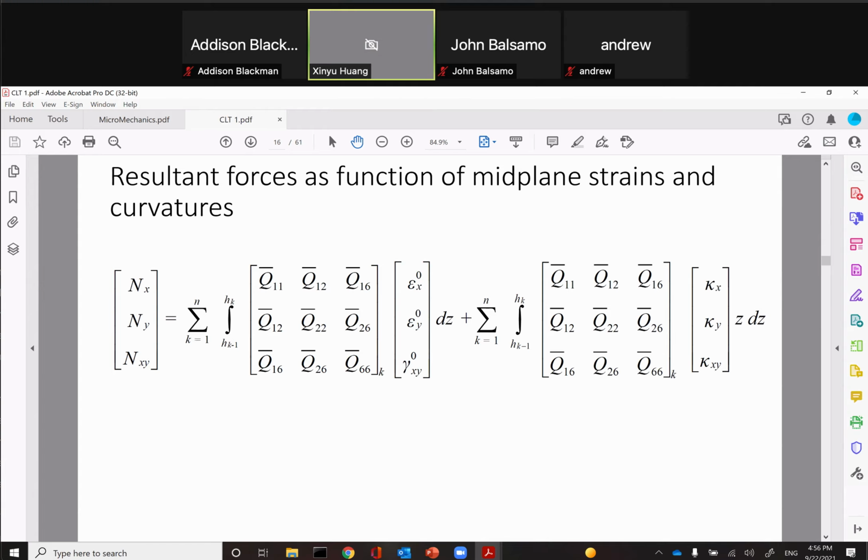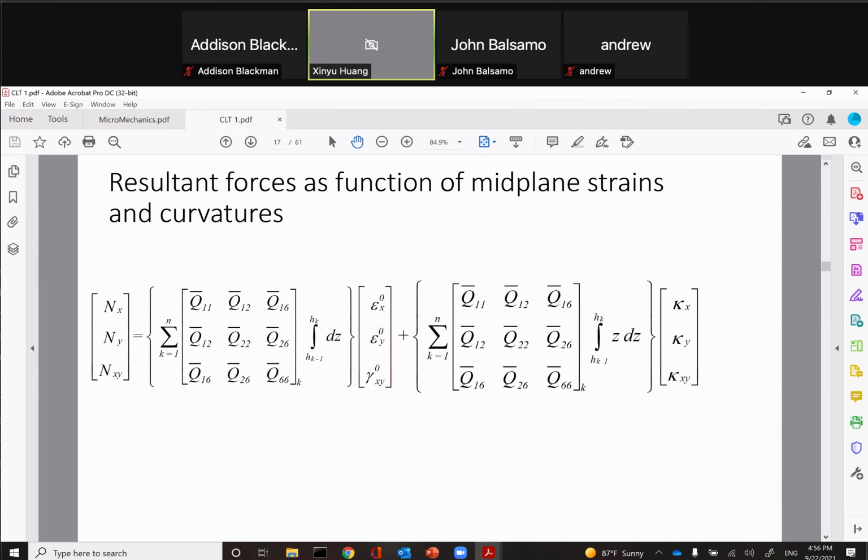It's a mid-plane strain. The mid-plane strain is a strain of a particular plane. It has no z dependence. And Q also has no z dependence. So you can take them out. Same thing with the curvature. Curvature doesn't depend on z either. So the integral with the z term can be evaluated separately, because the rest doesn't depend on z.